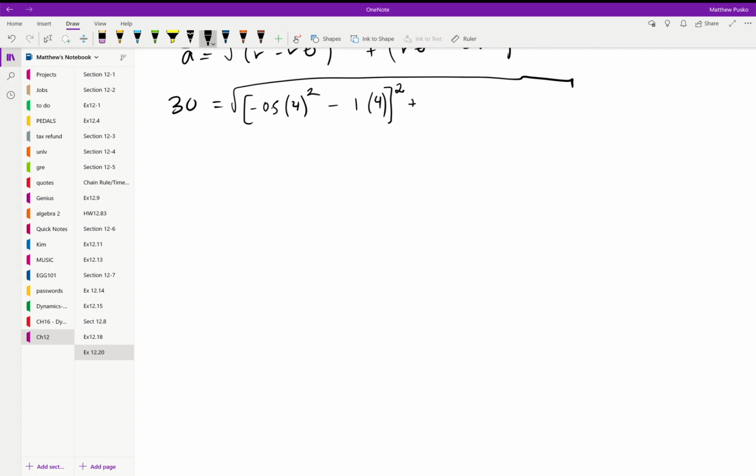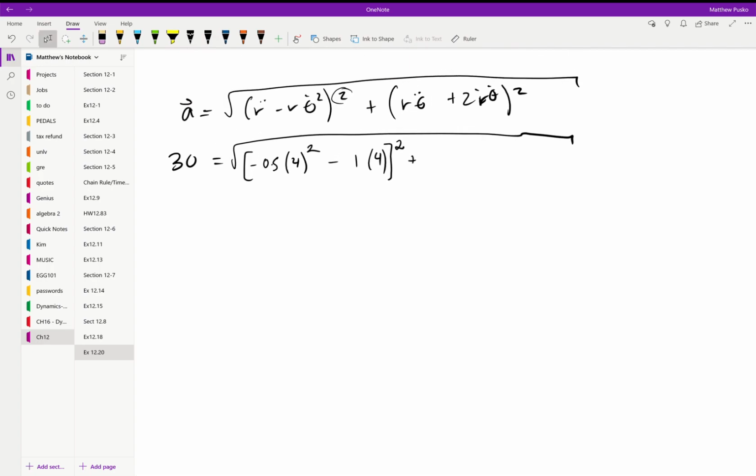And then we have the other component where r is 1. Theta double dot is what we're solving for. And the other term we can neglect, but I'm going to go ahead and write it out. R dot was 0, so this whole thing goes away. But we still have that term, and we're solving for theta double dot. And we can get 18 radians per second squared.